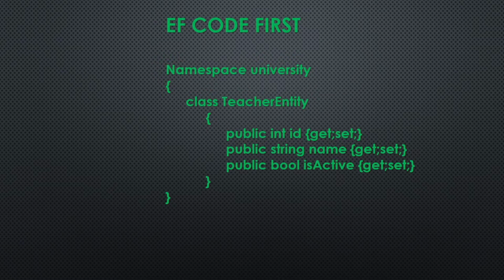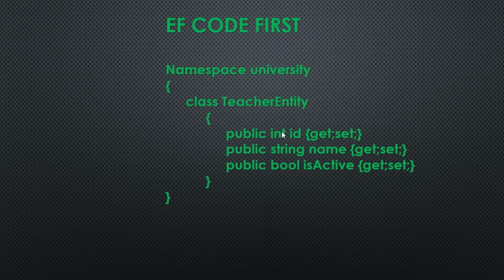Inside this class, we write our properties, and these properties will be mapped into fields or columns in the database. We know that a table contains columns. So in Entity Framework, the class represents the table and the properties, like ID, name, or is active, represent the columns.